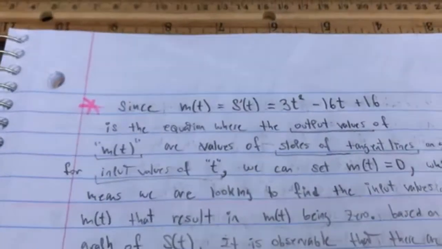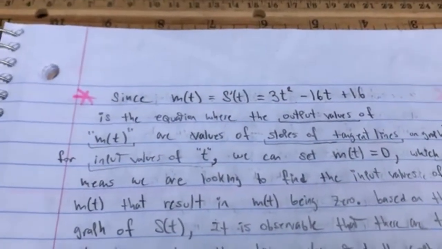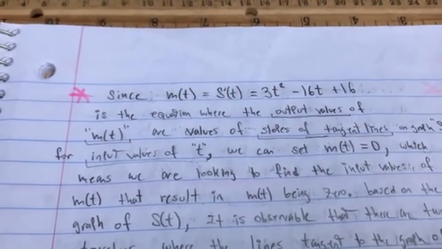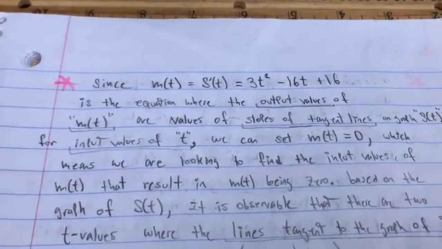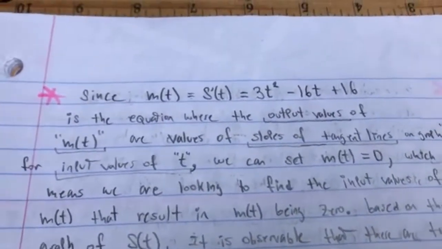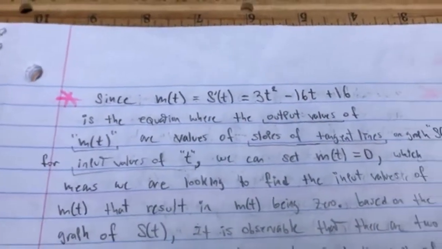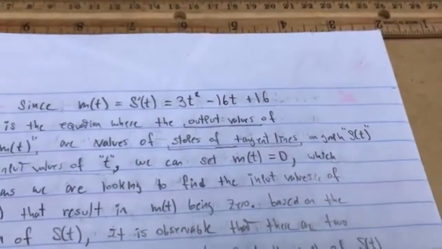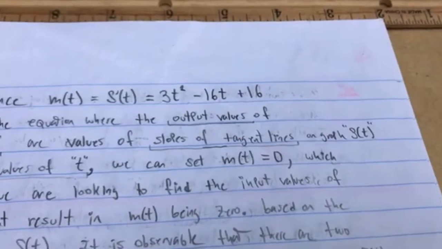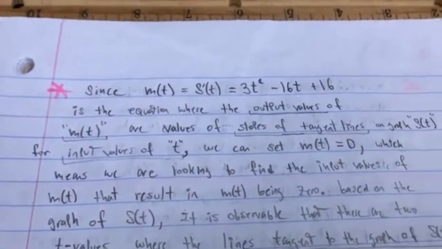Okay. Since m(t) is equal to s'(t), which is equal to 3t squared minus 16t plus 16, is the equation where the output values of m(t) are values of slopes of tangent lines on graph s(t).